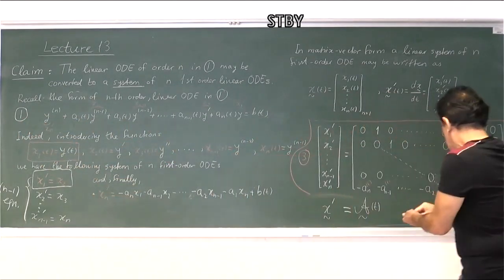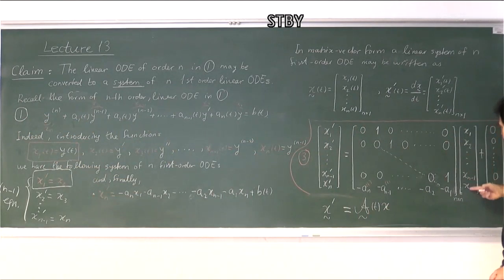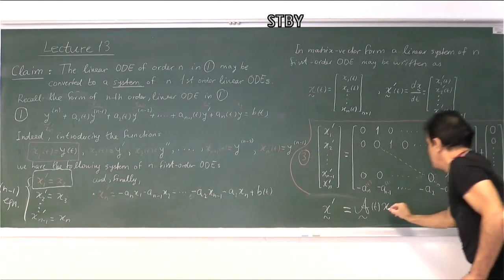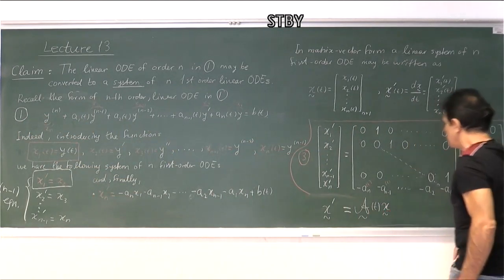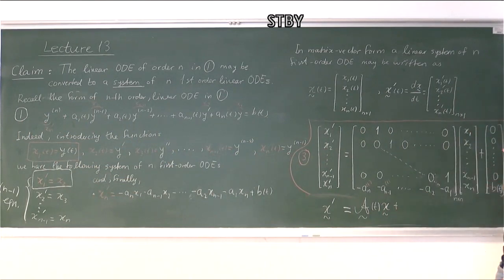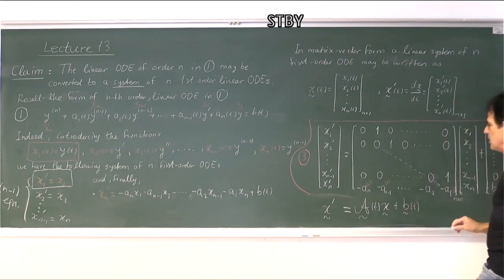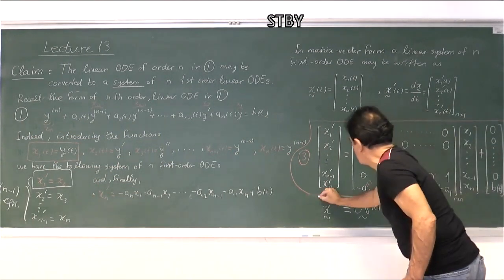This is multiplied by the solution vector x, plus a new vector which makes the system non-homogeneous.